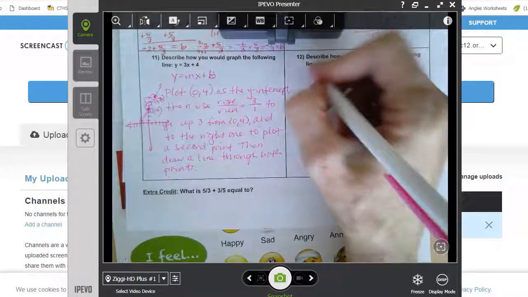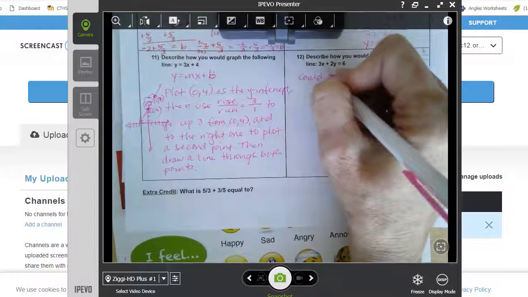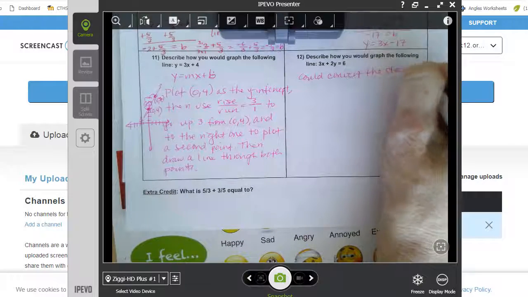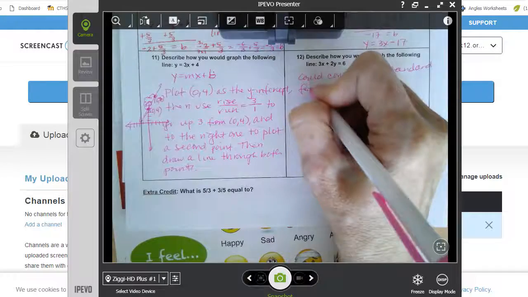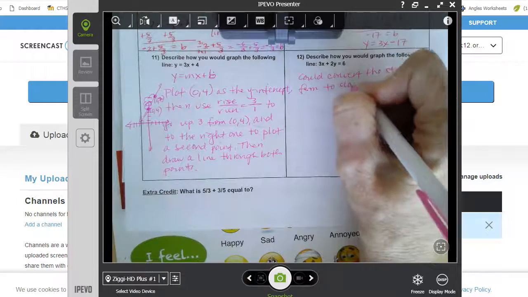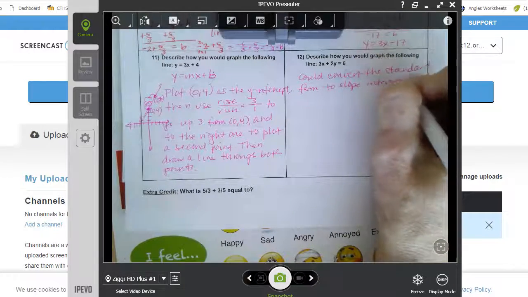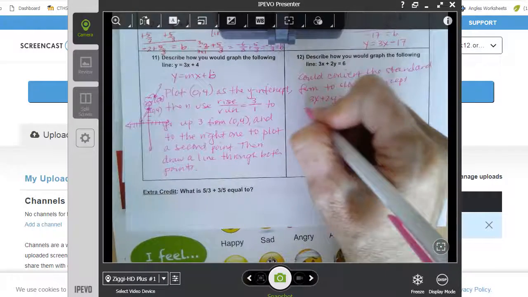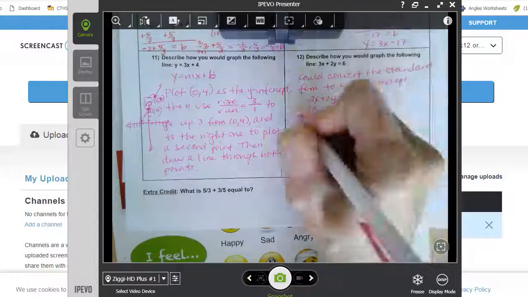You have choices. You could convert the standard form to slope-intercept. Okay. You've got 3x plus 2y equals 6. You could subtract 3x from both sides.